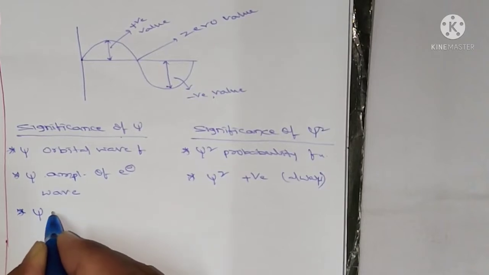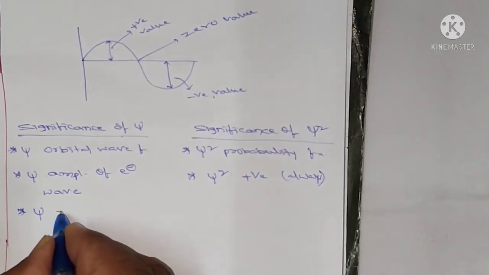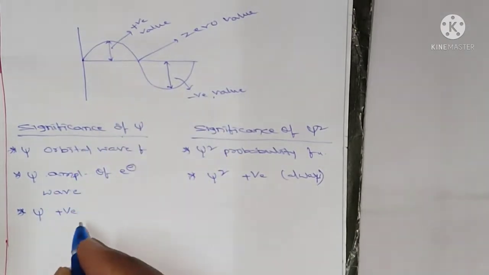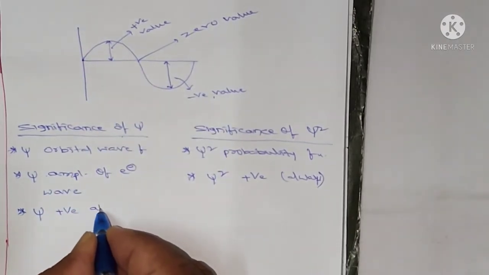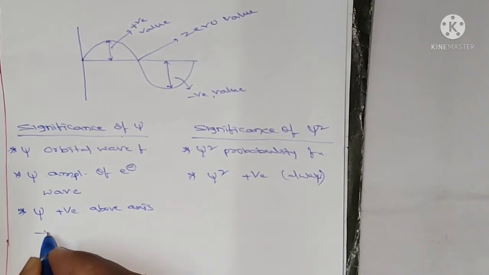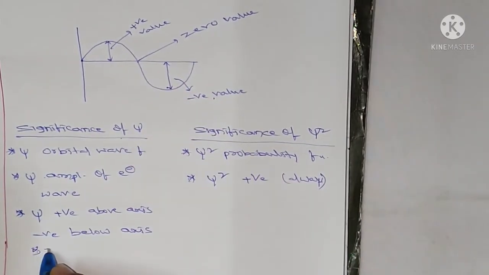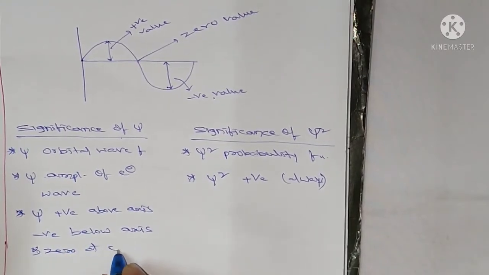And psi is positive above the axis and negative below the axis and 0 at crossing the axis.